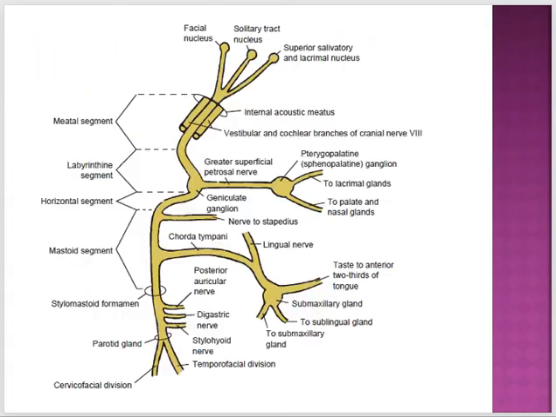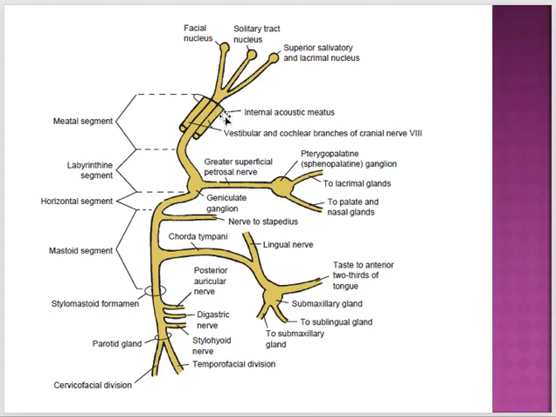You can understand this by this simple representation of facial nerve. You can see there is a facial nucleus, there is a solitary tract nucleus, there is a superior salivatory and lacrimal nucleus.